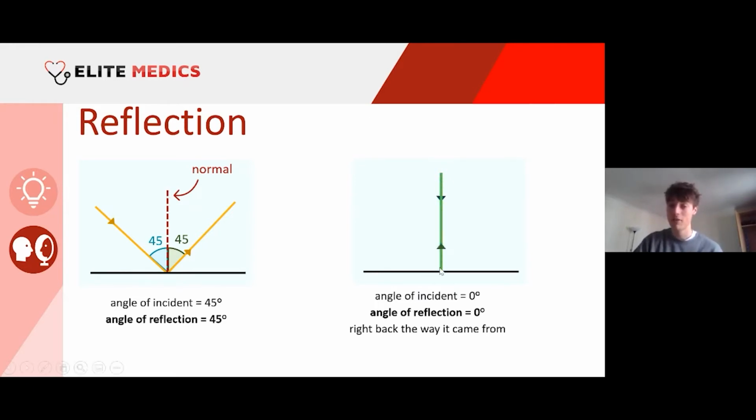It will just be reflected perpendicularly like this. It's right back the way it came from. So that's a consequence of the law of reflection. The angle of incidence is the same as the angle of reflection. So if the angle of incidence was 60 degrees, for example here, the angle of reflection will be 60 degrees. So incoming angle is the same as outgoing angle.